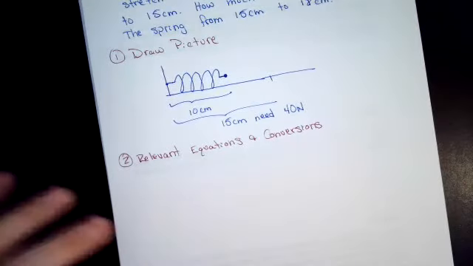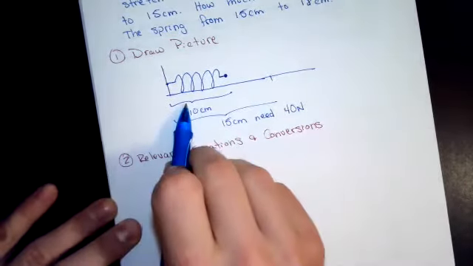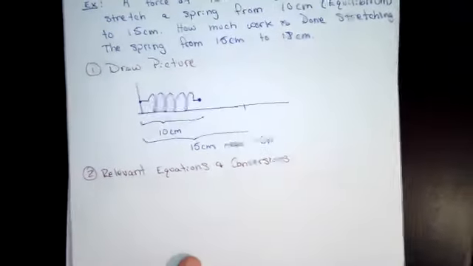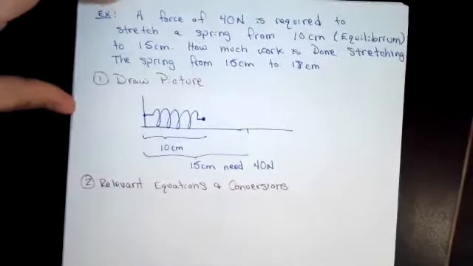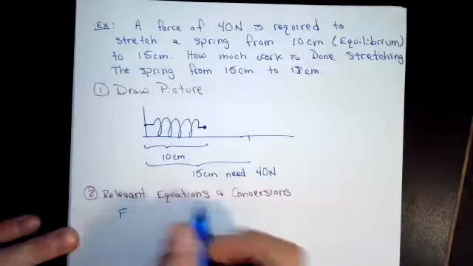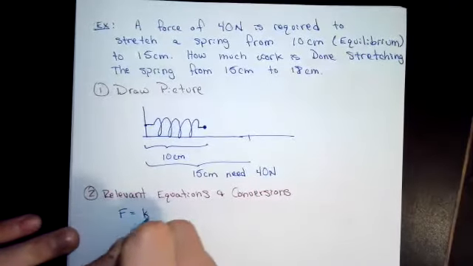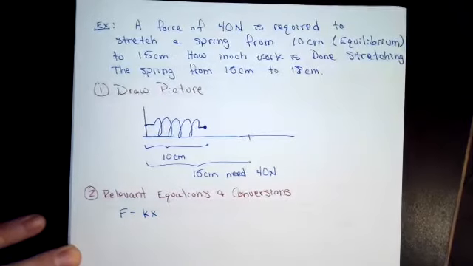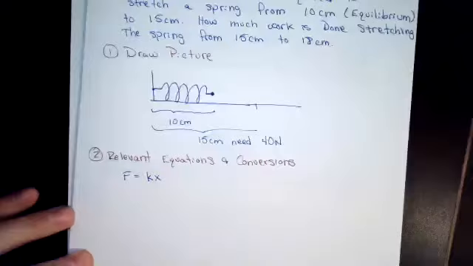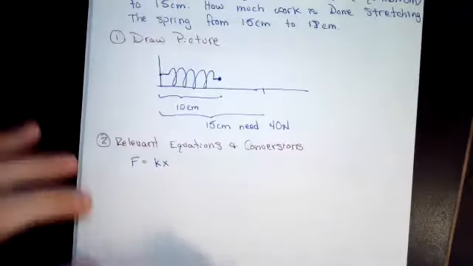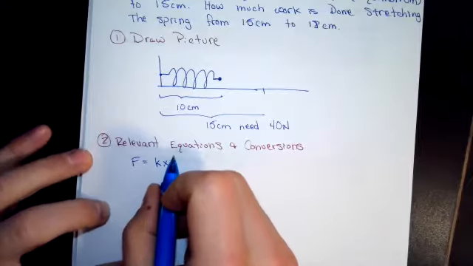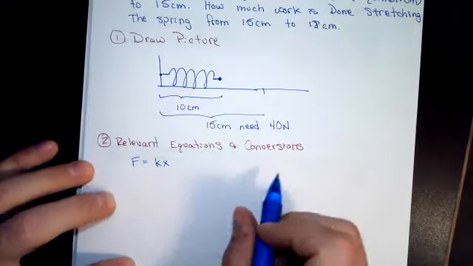So let's just write down things we need. It's a spring constant problem. And so the equation we just had was that the force on the spring is proportional to the distance. And let's write down some conversions. So some things we may know or may not know.